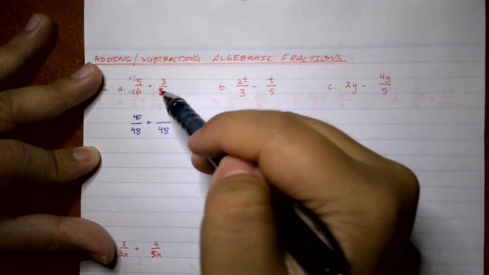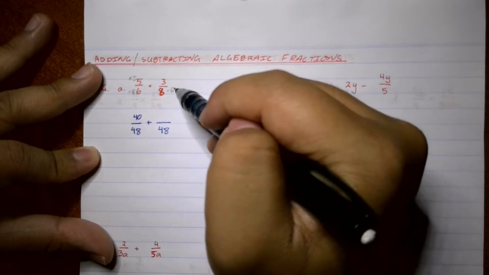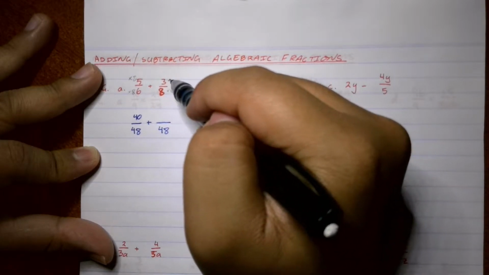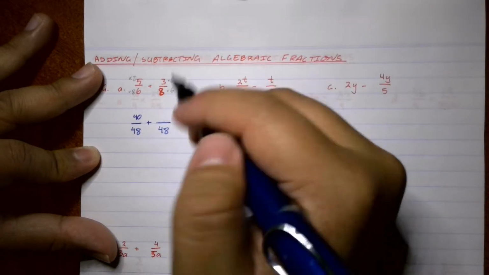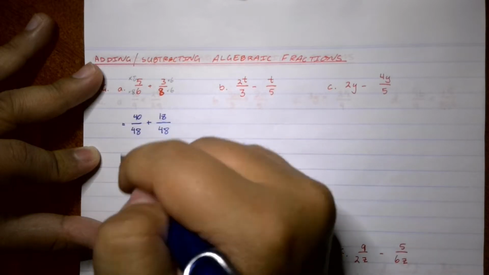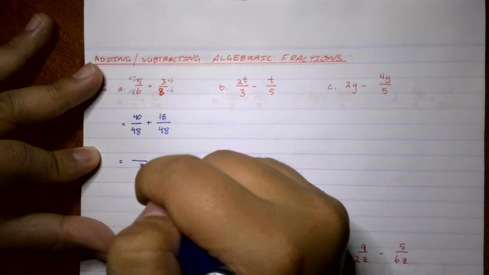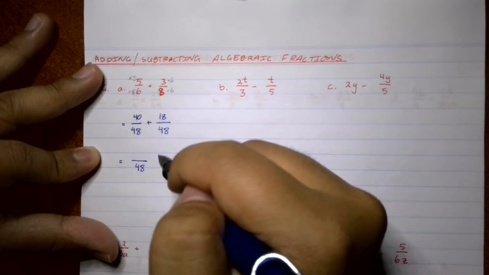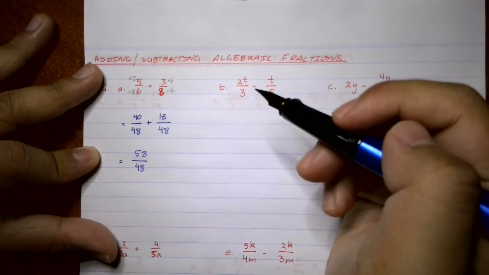Same deal with this. 8 to become 48, we multiply by 6. We need to multiply the top number by 6 as well. So 3 times 6 becomes 18. The denominator stays the same, so that's 48. 40 plus 18 is 58.